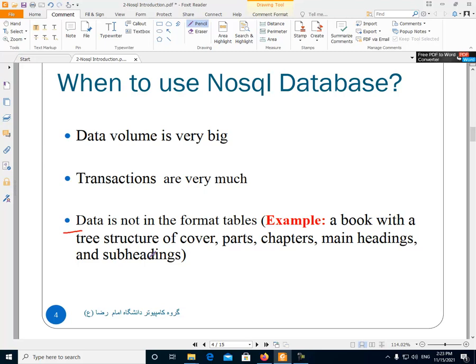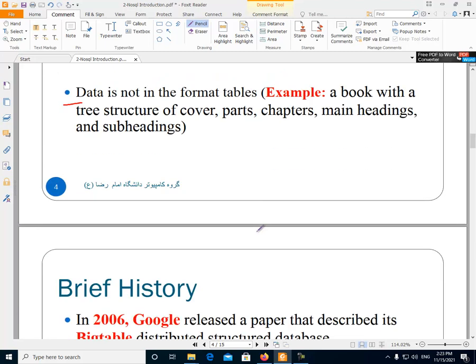It is a tree structure. The table structure in the relational database is not suitable for data which has a tree structure and is hierarchical. So this may be a reason we use the NoSQL databases.